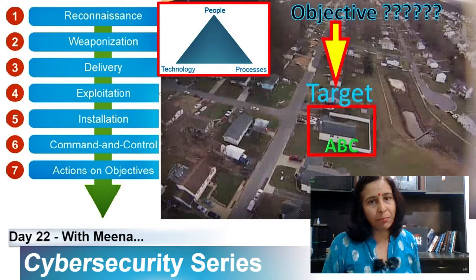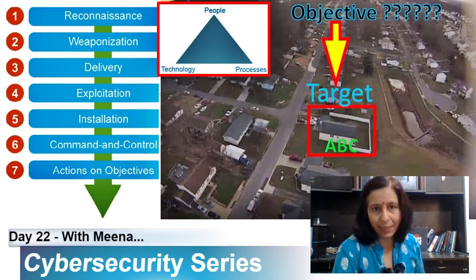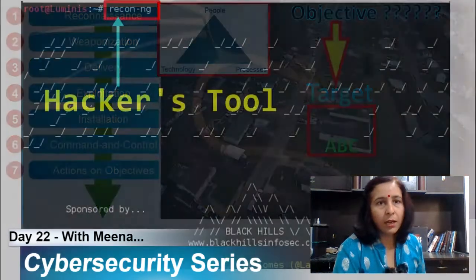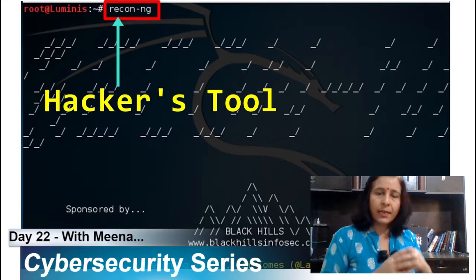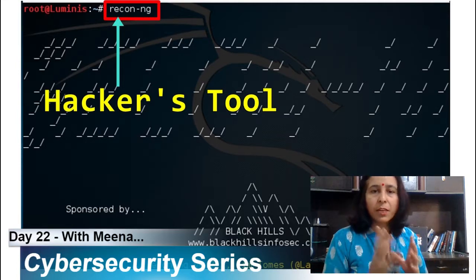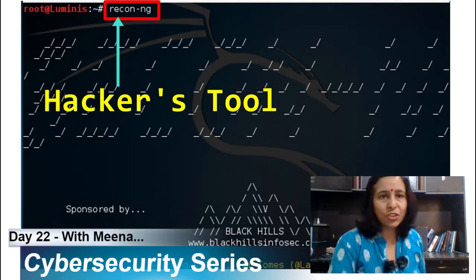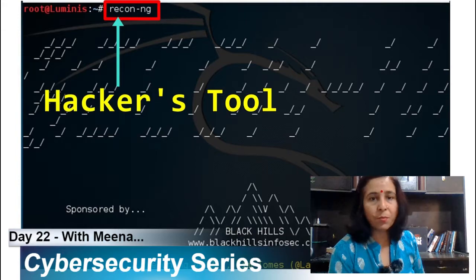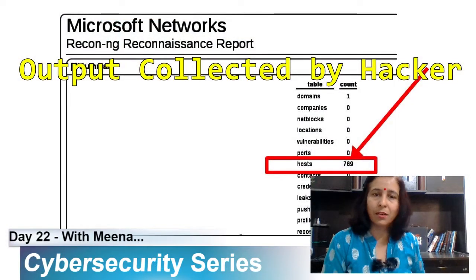Let me show an example of collecting information about a company with the tools that attackers also use. That's the Recon-ng tool, that's from Black Hills. And with the help of this tool, I have collected the information of a very famous company, that's Microsoft.com, from the website Microsoft.com. I have just generated a report, and it shows me how many posts are there, and there is the report that's generated by this tool.